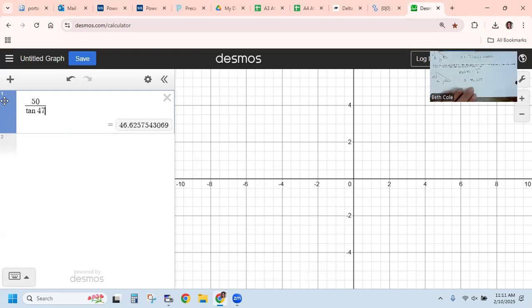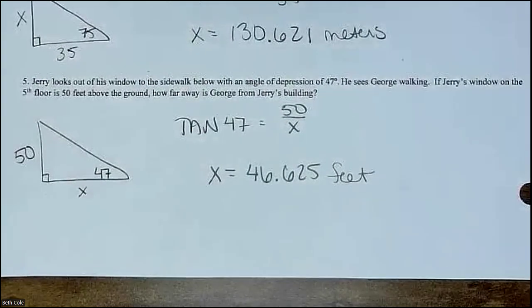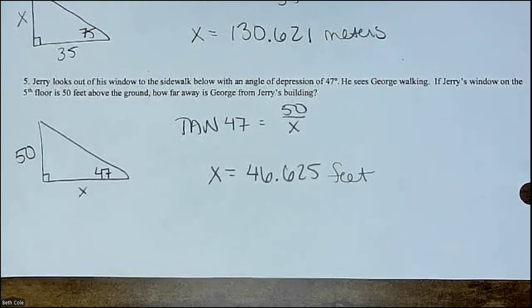What are our units? Feet. Real quick, if instead you were looking for the angle, your units would not be feet or meters. It is automatically degrees. So just be really careful with that, because if you're finding an angle, angles aren't in feet. Okay.